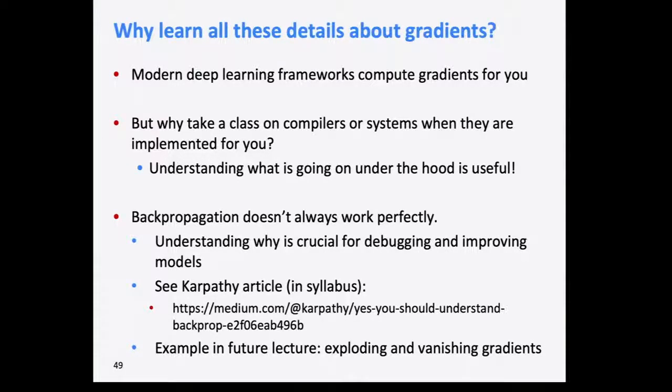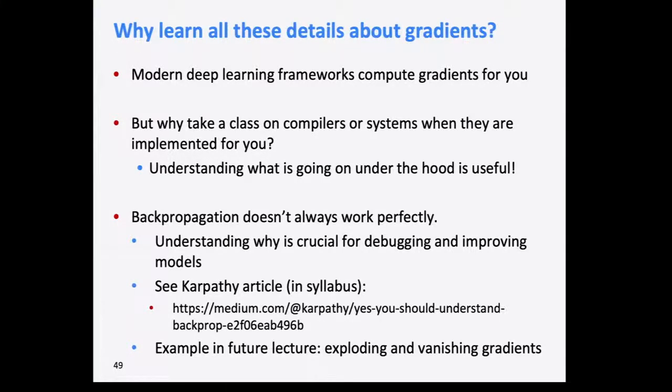We make you suffer in homework 2, but in homework 3 you can have your gradients computed for you. But it's like asking why you should take a class on compilers: there's something useful in understanding what goes on under the hood, even though most of the time we're perfectly happy to let the C compiler do its thing without being experts on x86 assembler every day of the week.